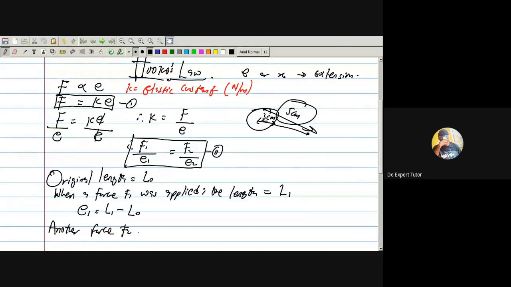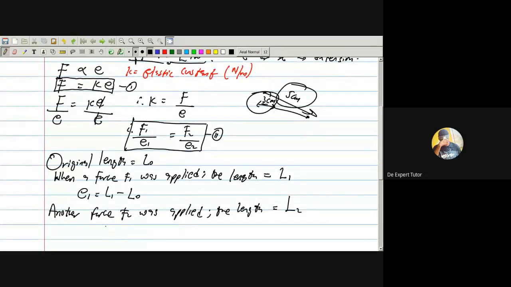Let me say another force F2 was applied. Let me say another person with power comes and drags this thing and extends it to L2. Remember, the initial length is L naught. The person extended it to L2. So the extension E2 will equal L2 minus L naught.